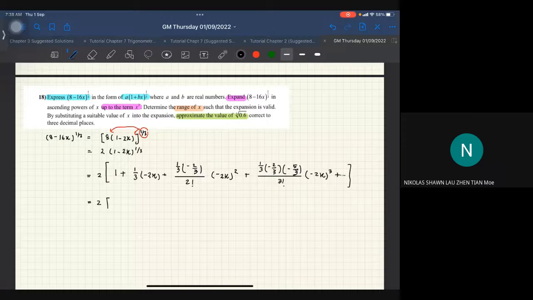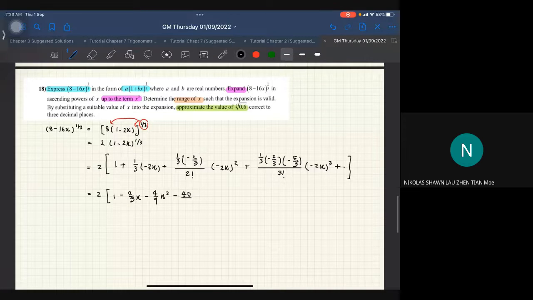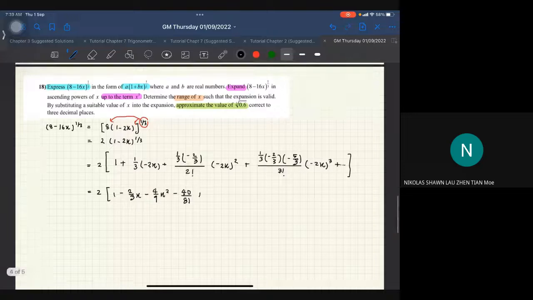So dalam bracket awak akan dapat 1 tolak 2/3 x, and then minus with 4 over 9 x square, and then minuskan lagi dengan 40 over 81 x cube plus dot. Settle. Okay, so inilah sepatutnya apa yang awak dapat. So kita dah siap lah bahagian yang kedua. So bahagian pertama express settle, bahagian expanding pun settle.